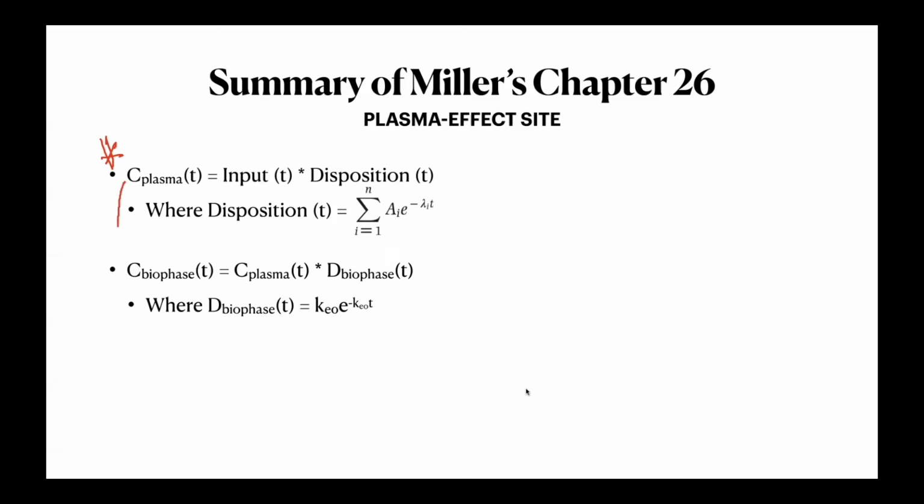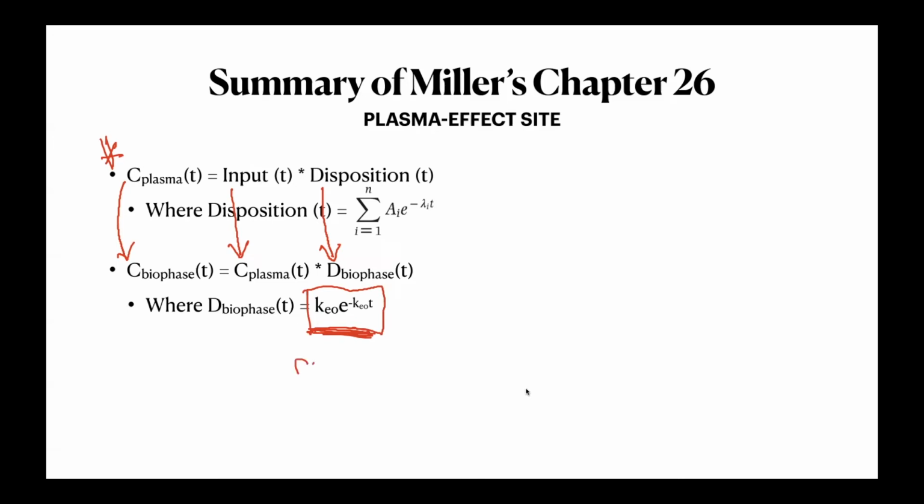Now we're saying that the concentration at the biophase is a function of the concentration at the plasma, which represents the input, as a convolution of the disposition at the biophase. That's what each one represents, where the disposition of the biophase is a function of your elimination rate constant.